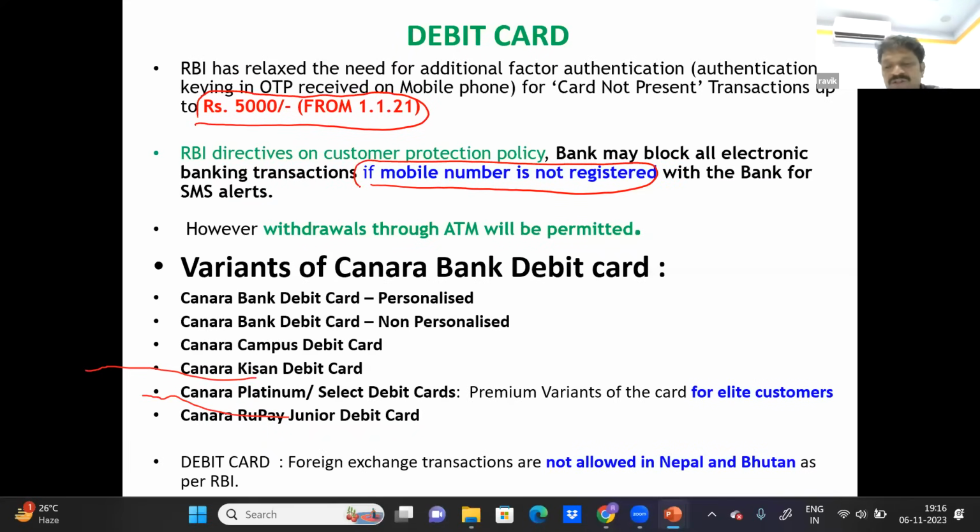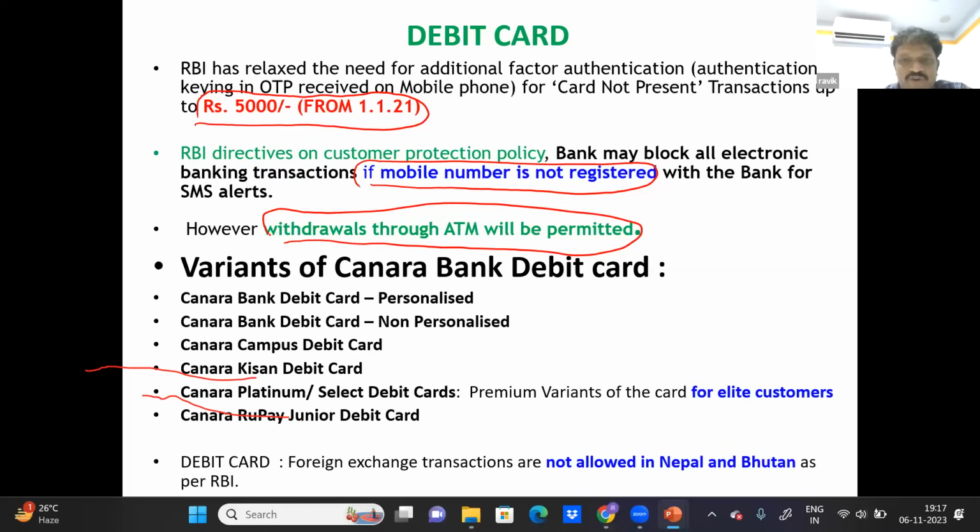If mobile number is not registered, getting OTP and all, it is very difficult. But remember, withdrawal through ATM will be permitted because up to 5,000 OTP will not come. So for ATM, they have allowed. If the party is not giving a mobile number, we cannot give any electronic banking transactions to him except ATM withdrawal.